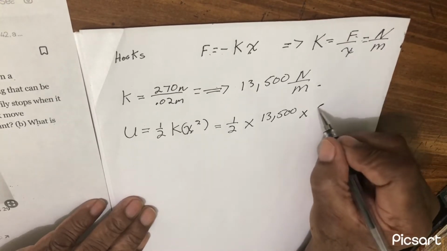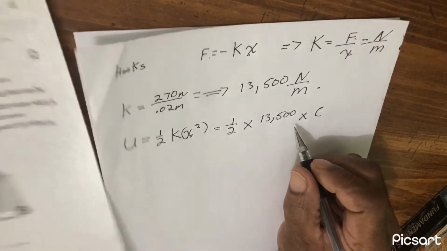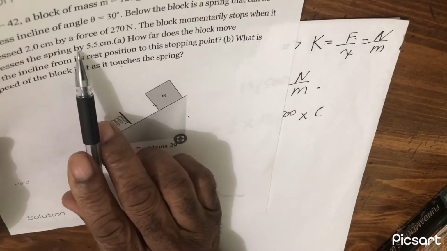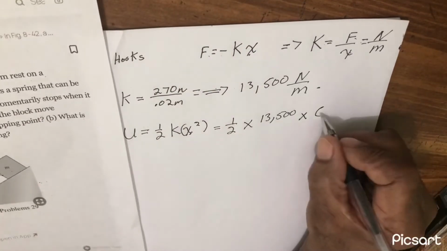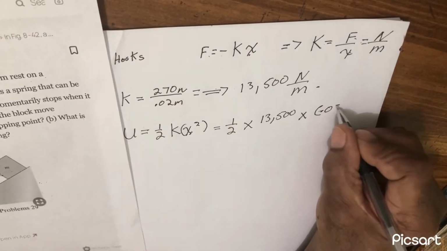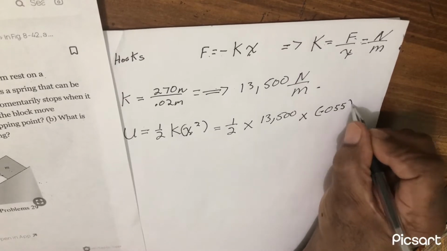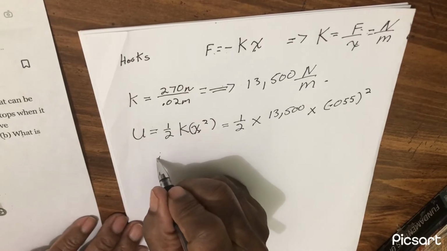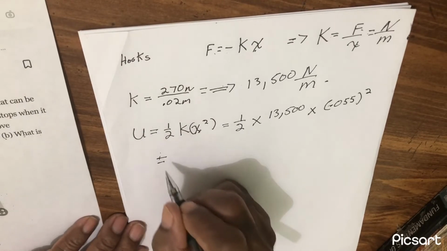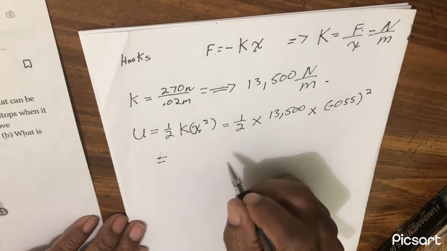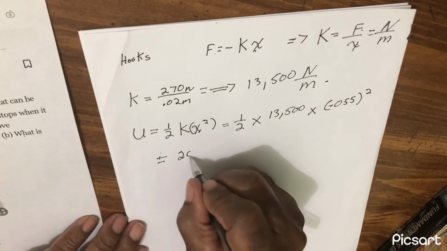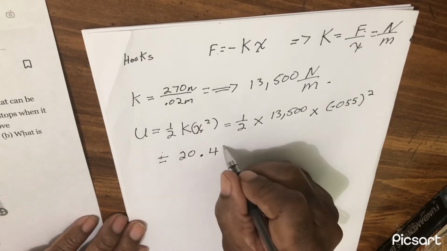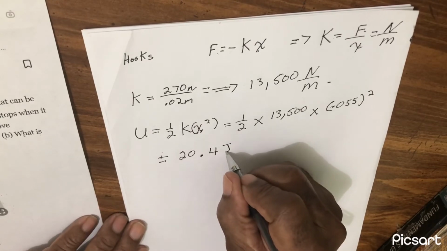We see the spring goes up 5.5 centimeters, so that's 0.055 meters, squared. And when you do the math on that, that should equal 20.4 joules.